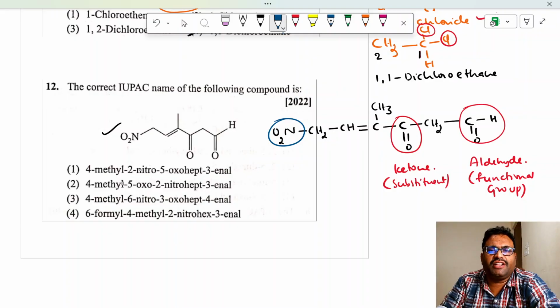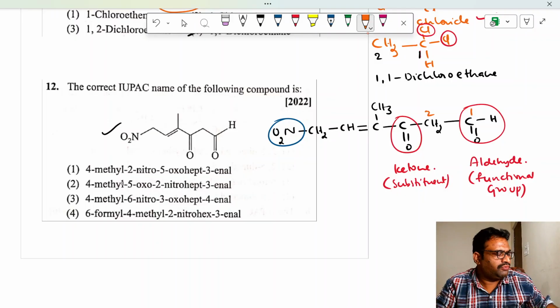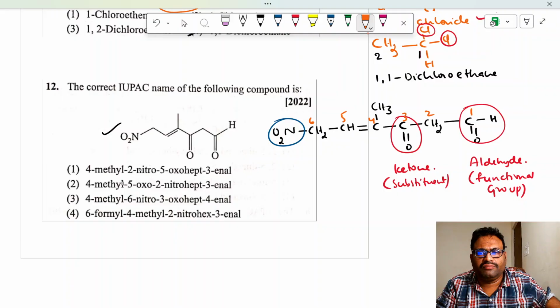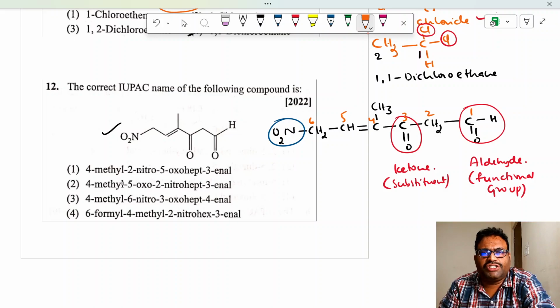So let us number the parent chain. 1, 2, right, 3, 4, 5, 6, right? This is numbering the parent chain.